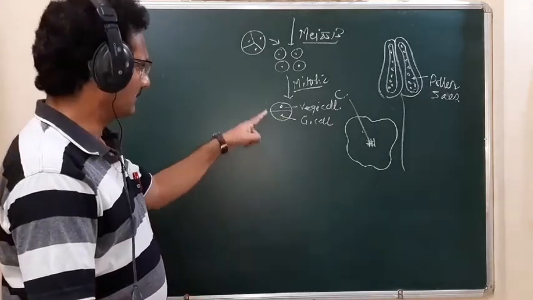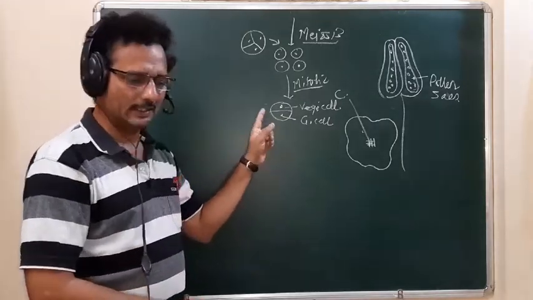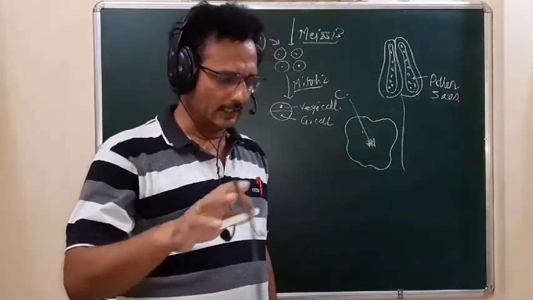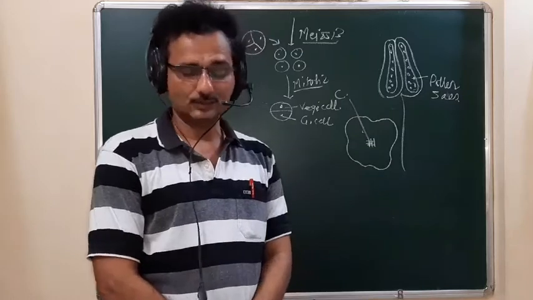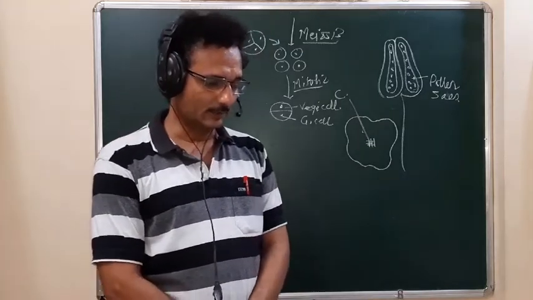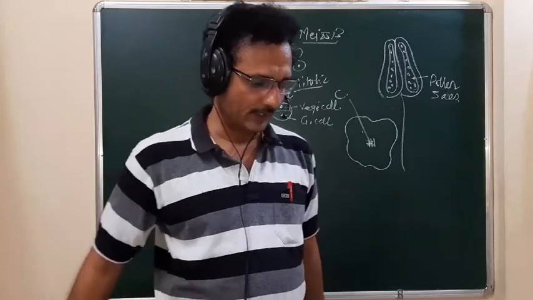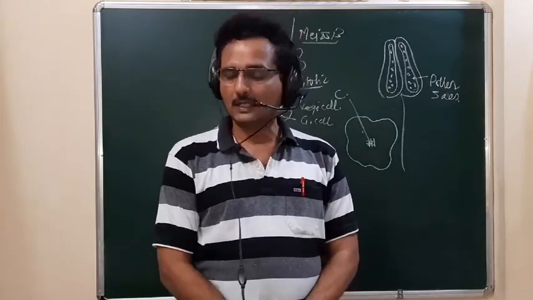So such a type of development, we have to say, is a partly developed male gametophyte. So the third option is your answer. The pollen grains represent a partly developed male gametophyte.